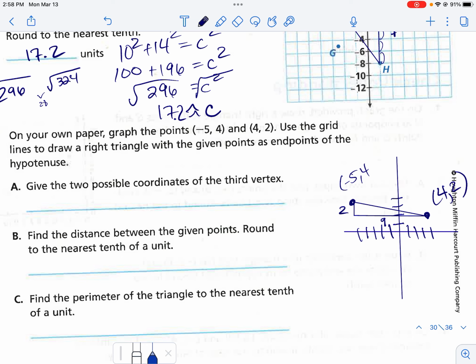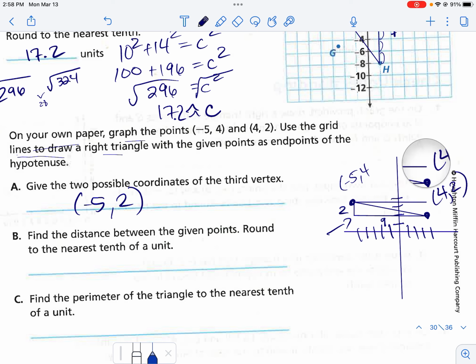I didn't read it. Use the grid lines to draw a right triangle, given points as endpoints. Give 2 possible points for the third. So negative 5, 2, because it could be here, but couldn't we have also done up?